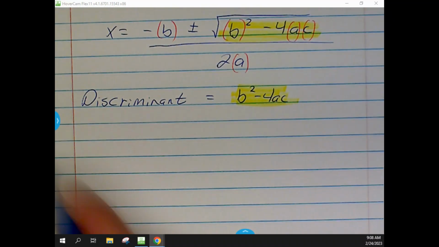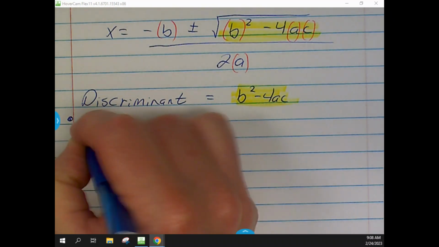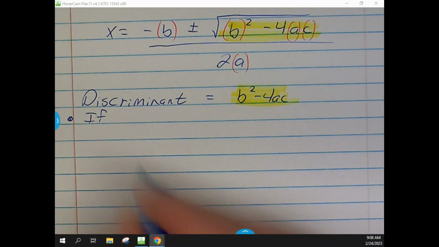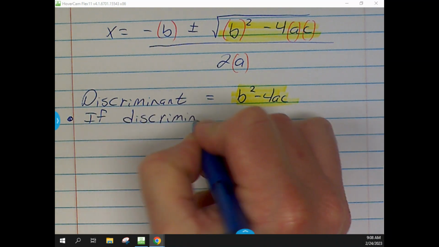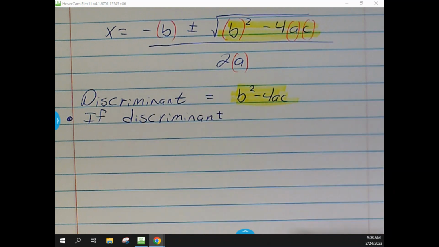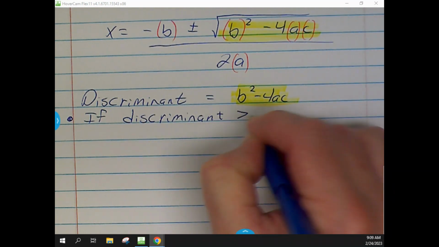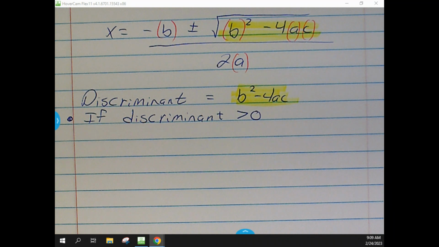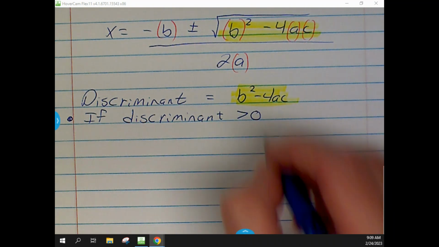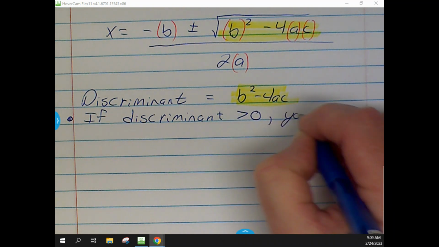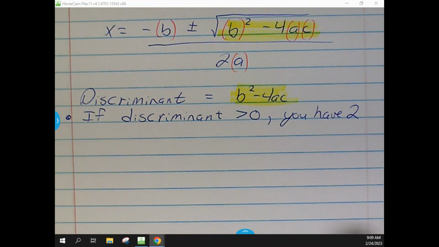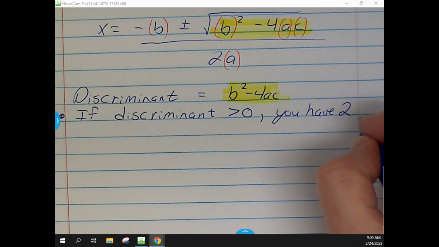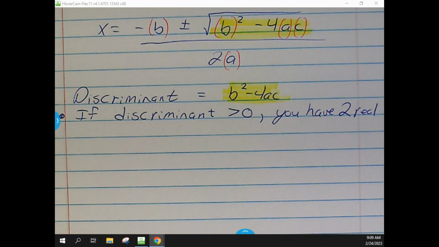Okay. Now, here's what we're looking at. If the discriminant is greater than 0, you have 2 real solutions.